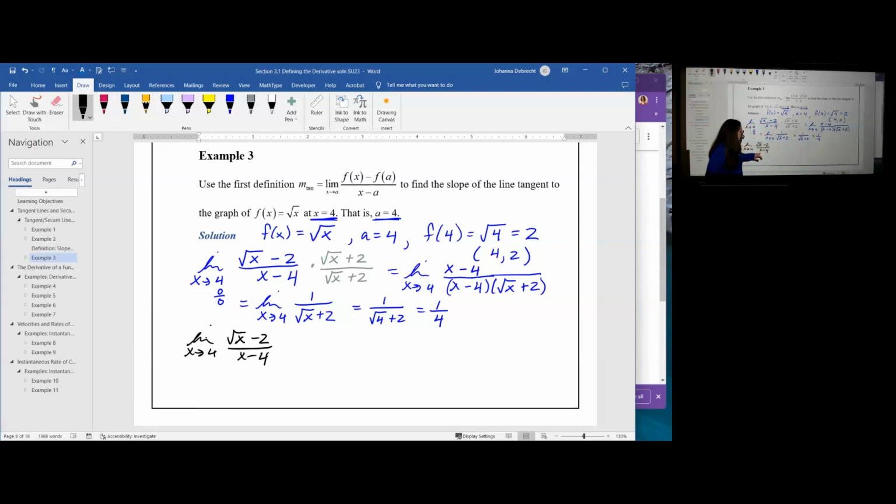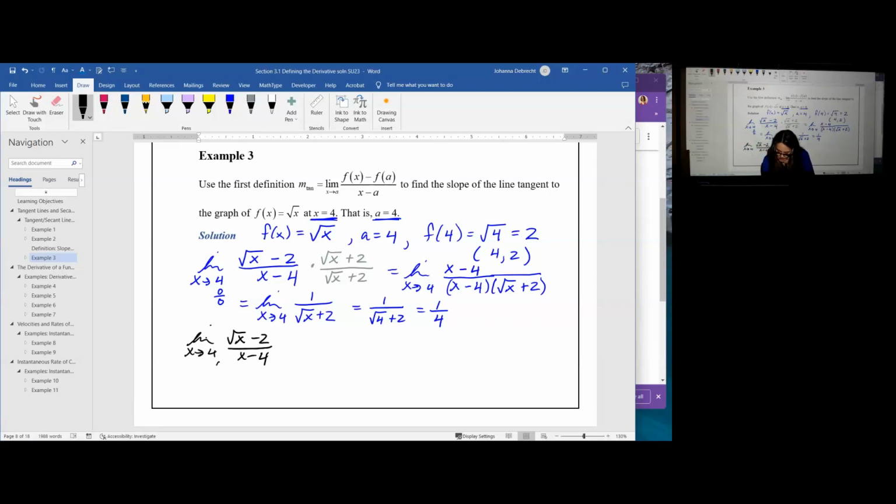Notice that the square root of x is the square root of the first term in the denominator, and 2 is the square root of the 4 in the denominator. That means that I can factor x minus 4 as the difference of 2 squares.